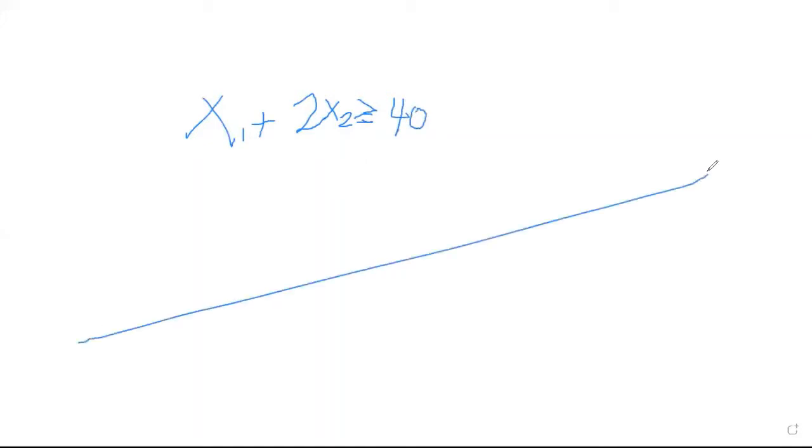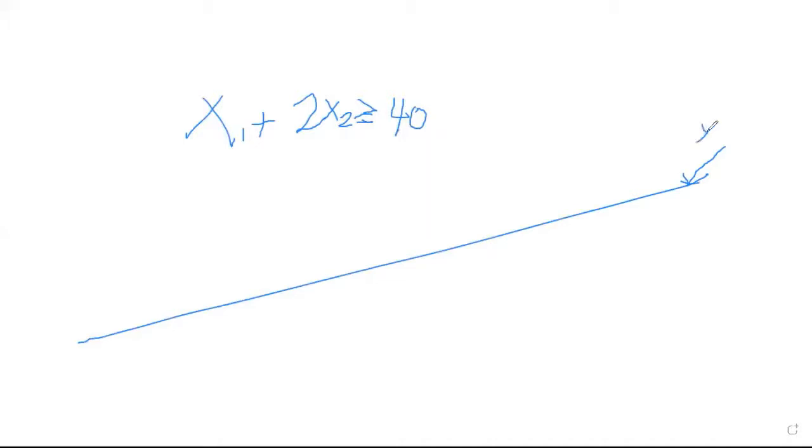Okay, so as I was saying, when you're having something like x1 + 2x2 greater than or equal to 40, as I said, every straight line is the equal sign. The line you've drawn is the equal to.